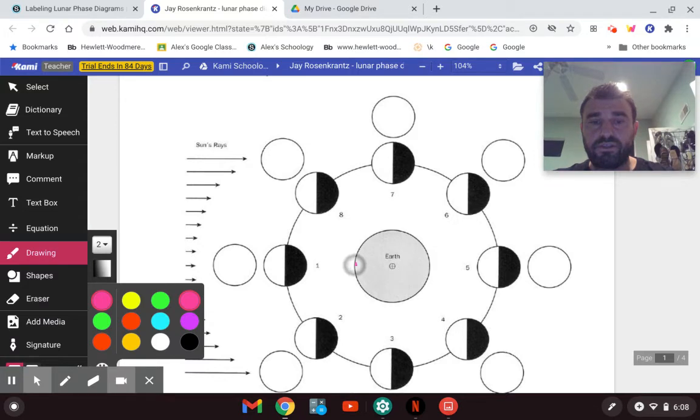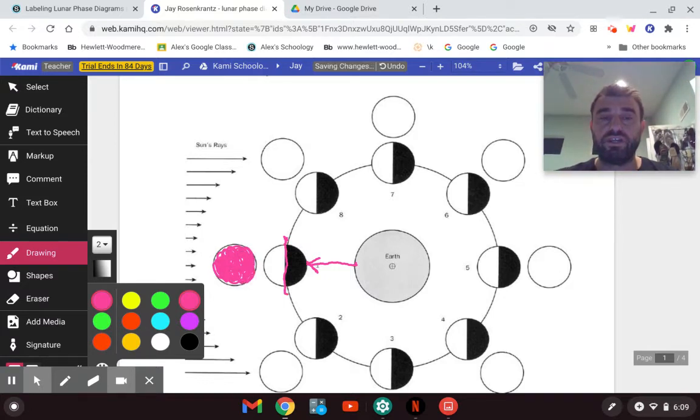someone on Earth, if they were to look up at the moon, would only be seeing this dark side of the moon, which means they're going to see no moon. And if you remember from the other lesson, no moon means new moon. So the entire circle here, I want you to shade in. So please follow along what I'm doing on your copy in Cami.